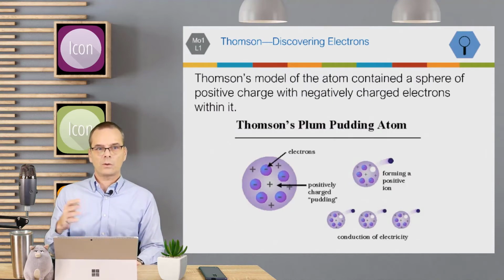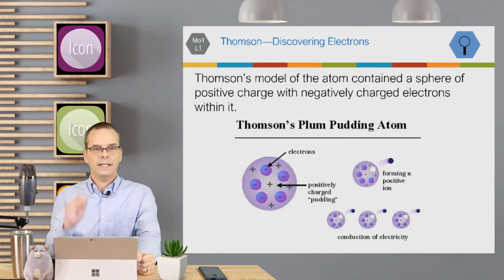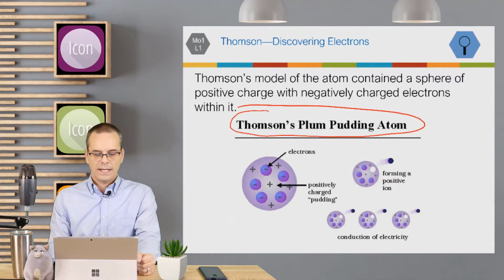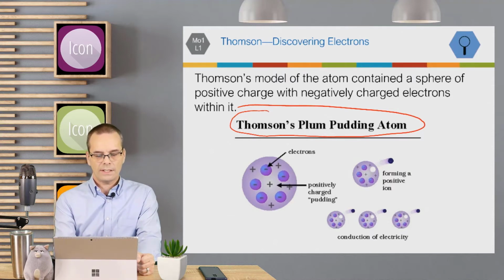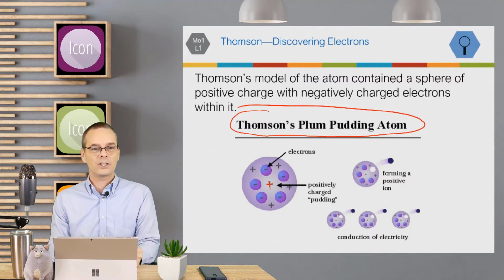So he made a model of the atom with all this positive sphere and the negative charges within, and he called it his plum pudding atom. So you have these electrons and then all this positively charged pudding, this material that the electrons are floating in.